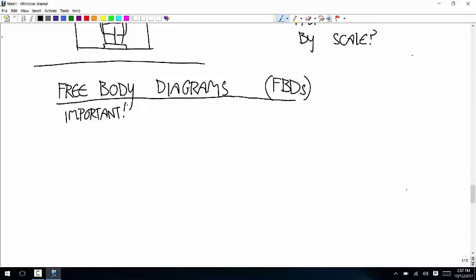So in all of my examples, I'll do free body diagrams, and I want you in your work to draw them too. If you don't do it on a test, I'll take points off for that, because it's a really useful thing. So draw a free body diagram every time you use Newton's second law.